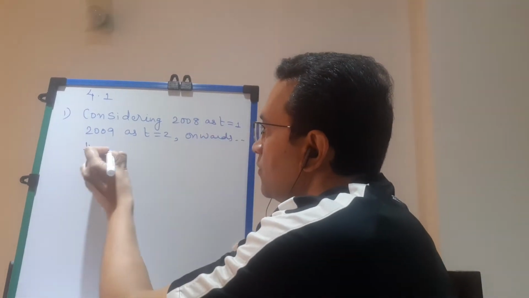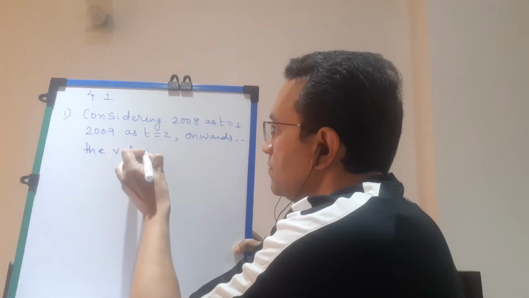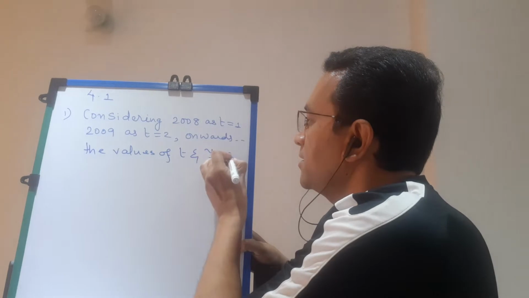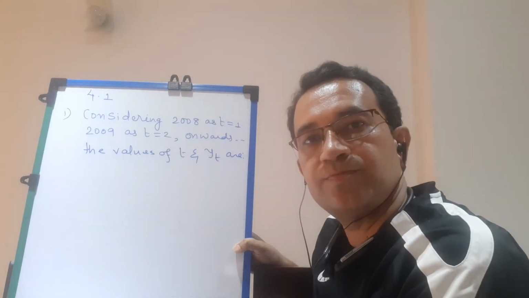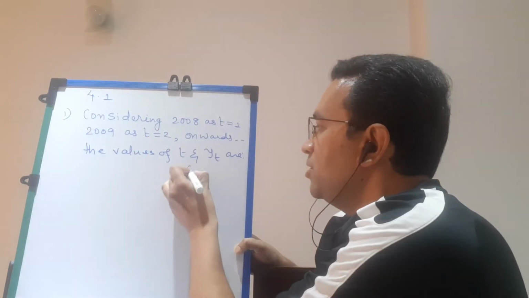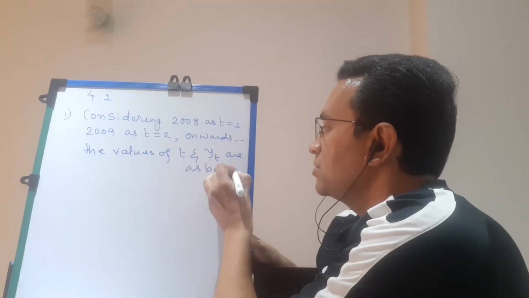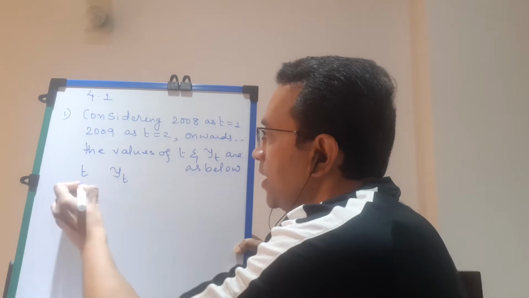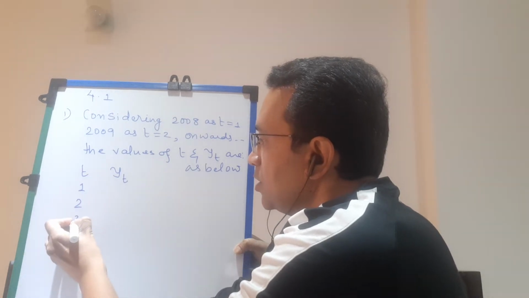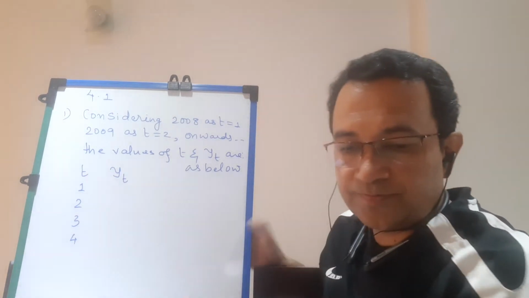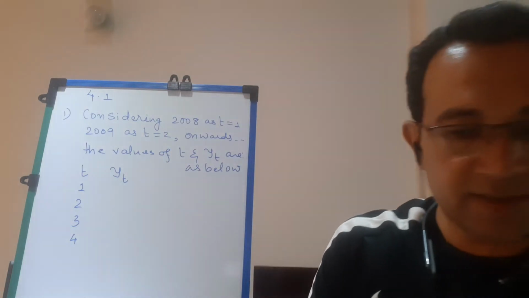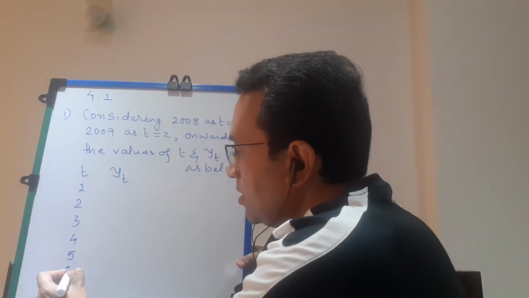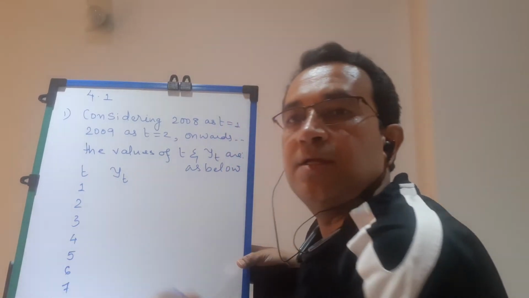The values of t and yt are as below. So you make t and yt: 1, 2, 3, 4. Check how many years are given: 5, 6, 7, 8.